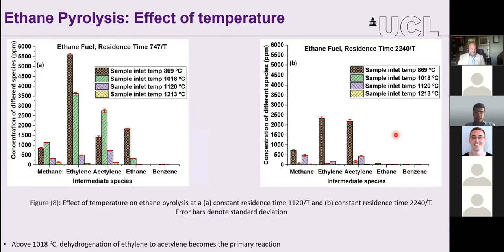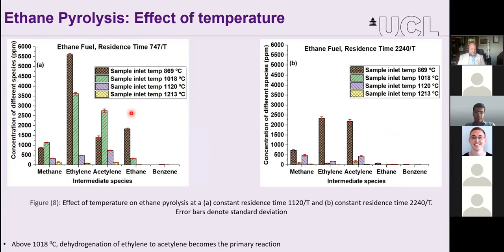Next is this figure 8, which basically shows the effect of temperature on the pyrolysis of ethane at two constant residence times. It can be observed from this figure 8 that the amount of ethane in the mixture quickly reduces as the temperature rises, being substituted by ethylene. The concentration of ethylene rises before it reaches about 1018.